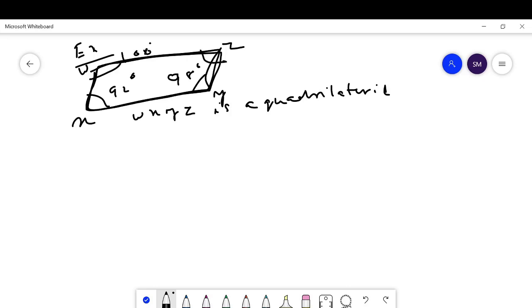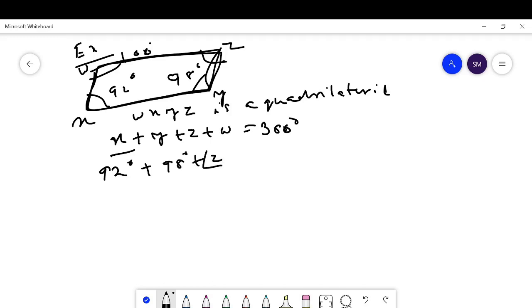Here the angles X plus Y plus Z plus W is equal to 360 degrees, as the sum of four angles of a quadrilateral is 360 degrees. Here angle X is 92 degrees, angle Y is 98 degrees, we don't know the value of angle Z, and angle W is equal to 100 degrees, whose sum is 360 degrees.